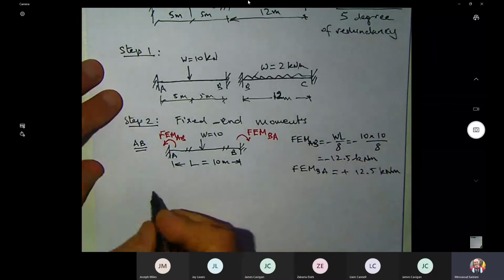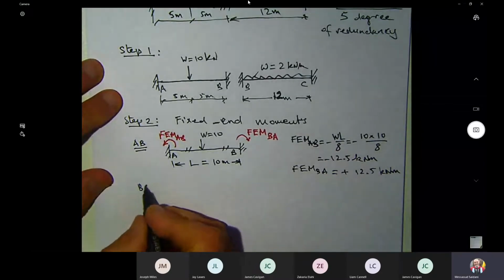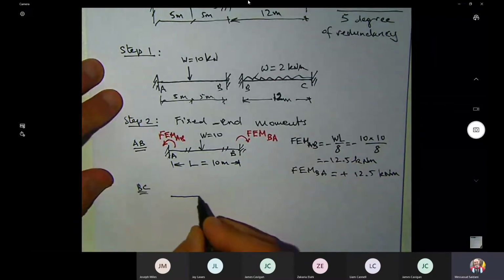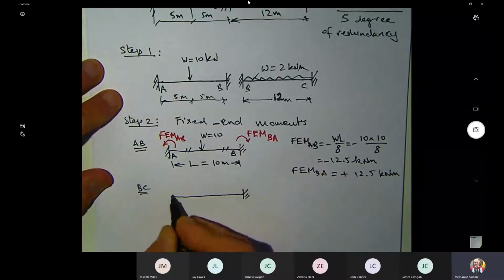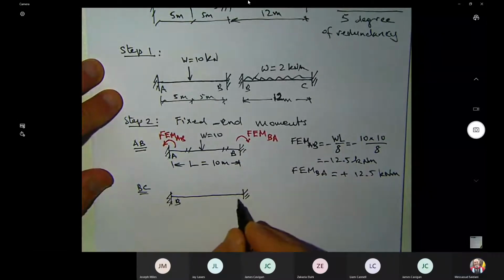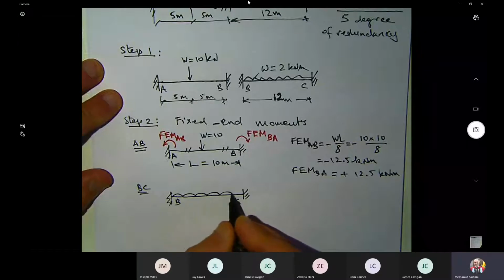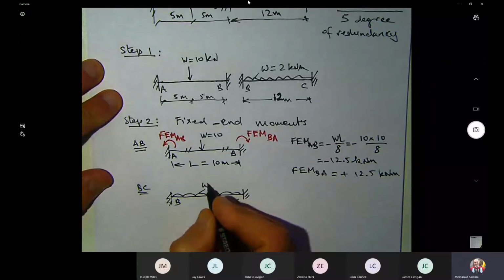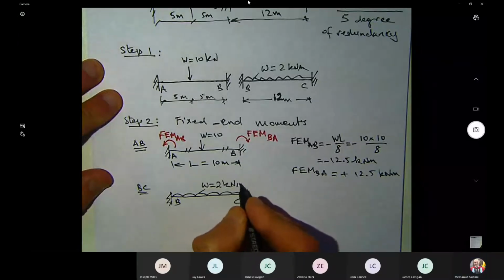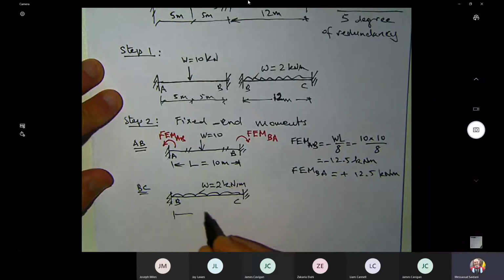Okay, now we do BC in the same way. So this is BC here now. Okay. We have a UDL of 2 kilonewtons per meter. We have a span of 12.